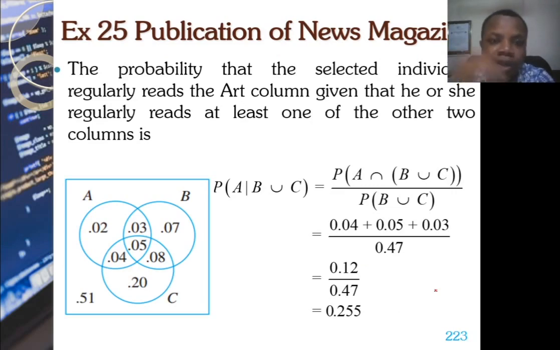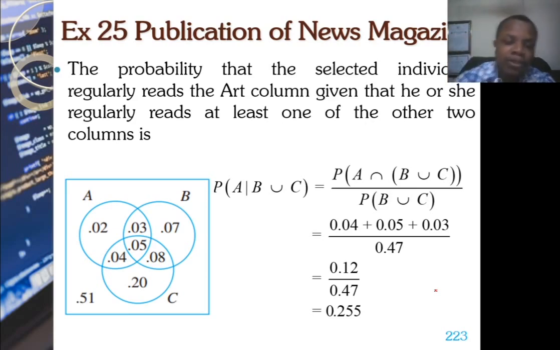Now suppose that with this same news publication problem, what will be the probability that a selected individual regularly reads the A column, given that he or she regularly reads at least one of the other two columns?